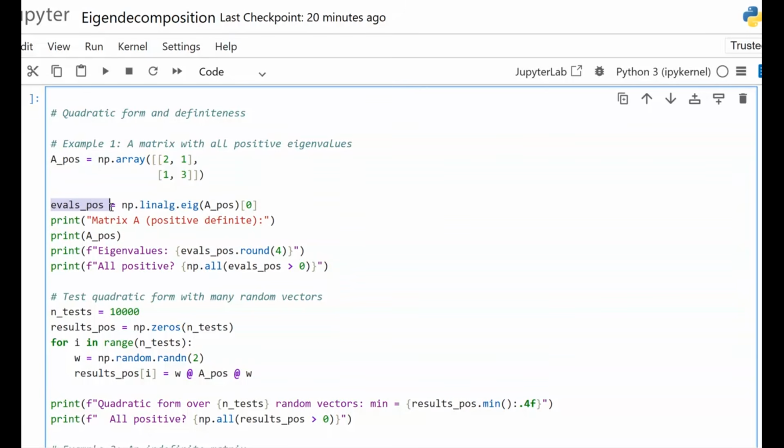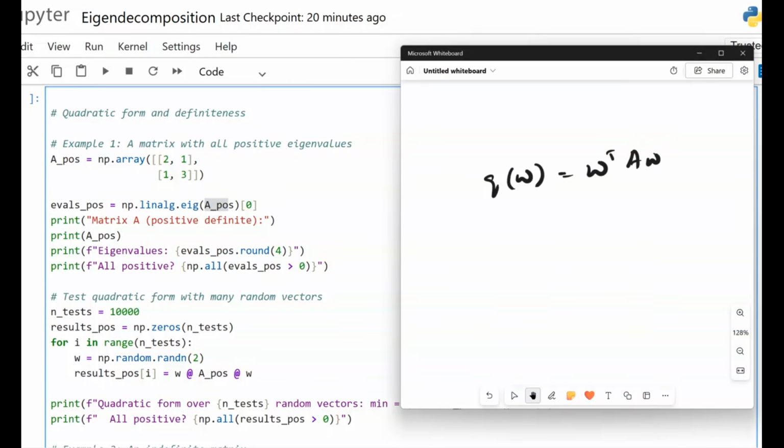Both eigenvalues are positive: lambda 1 is greater than 0, and lambda 2 is also greater than 0. Theoretically, if all eigenvalues are positive, W transpose A W is greater than 0. So A is positive definite.